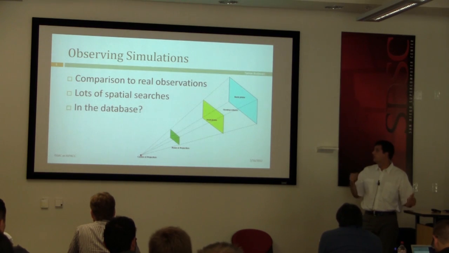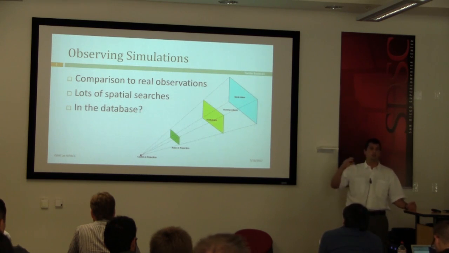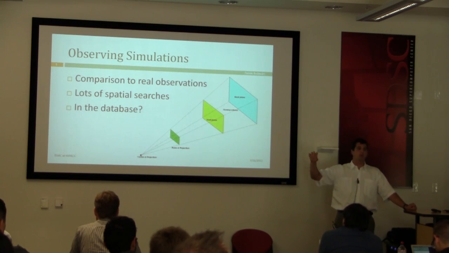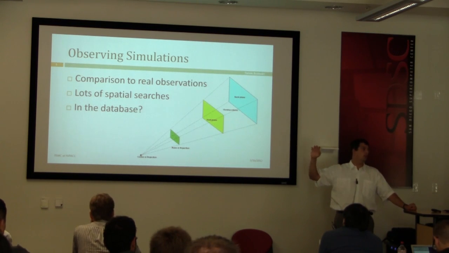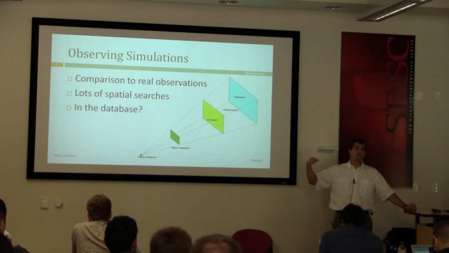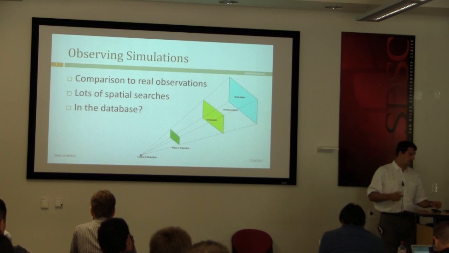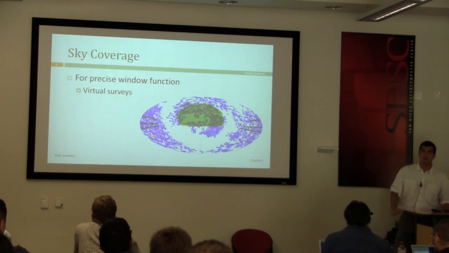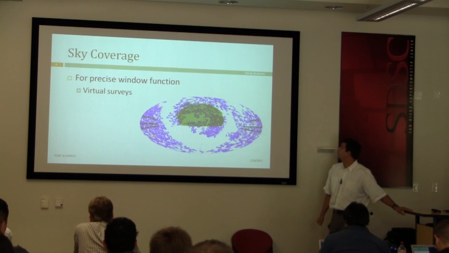If you want to do this, that's where you need to bring in the databases. Databases are nothing else but a very sophisticated set of tools on top of your data, on your files, if you like, that allow you to make these searches fast and very simple. You have heard about databases from Gerard a lot.